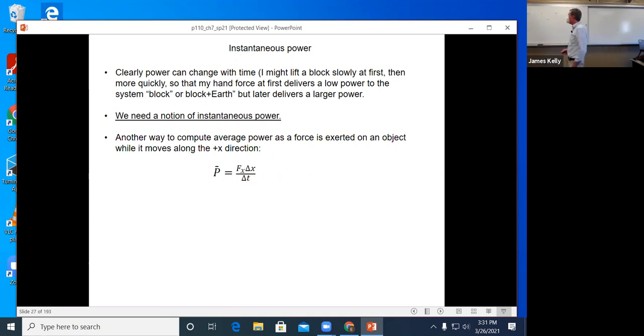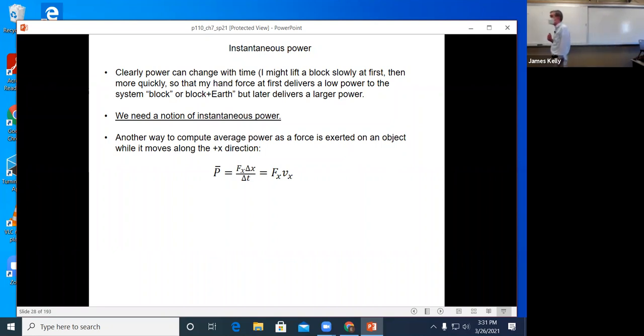And so if it's approximately constant, I could approximately use the formula Fx delta x to calculate the work in the numerator. And then I just inspect this delta x over delta t. I'm imagining the instantaneous power is going to be when delta t gets really small, and delta x would get really small. And the limit as delta t gets small of delta x over delta t is our very definition of the velocity.